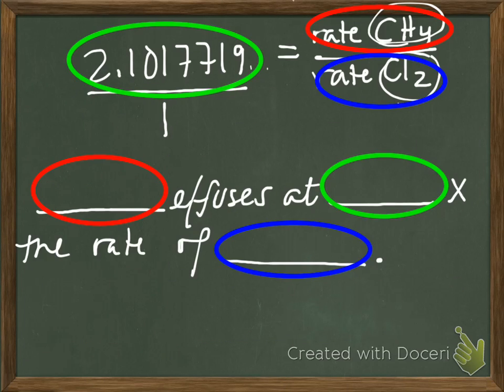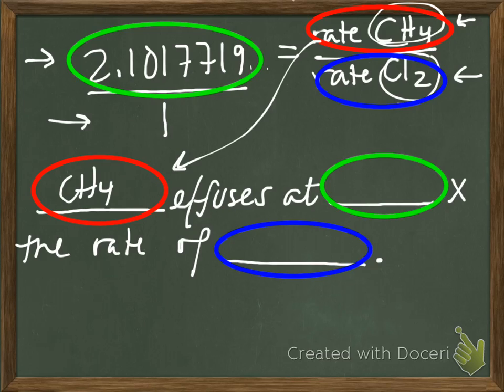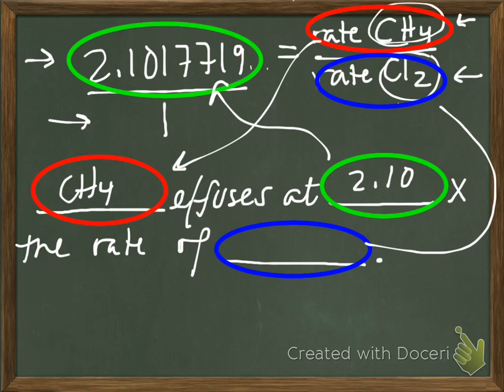Okay, so if you think back to the sentences that we made with limiting and excess reagents, this is the same concept. What we're saying is when we have this problem set up where we have our ratio and we have the two gases that we were comparing, this gas, CH4, effuses at whatever number's on top here, 2.10 times the rate of whatever's on the bottom here.